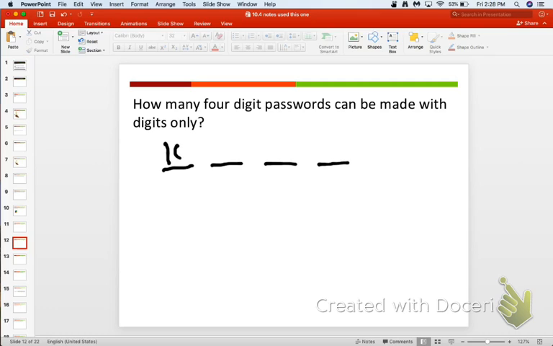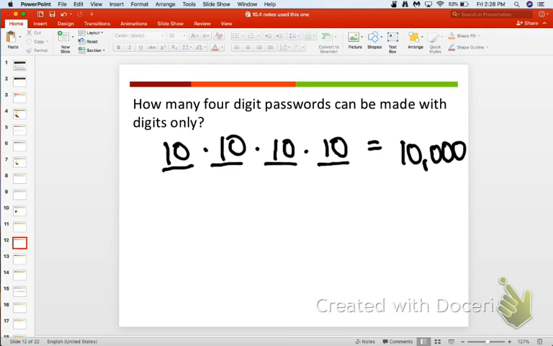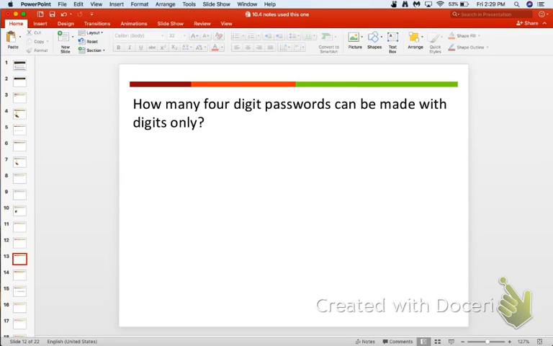So here, I could choose 10. Here, I could choose 10. Or here, or here. So now I times 10, times 10, times 10, times 10, and that gives me 10,000 possible outcomes. Do you want to write out by a graph or a tree diagram 10,000 possible outcomes? No.